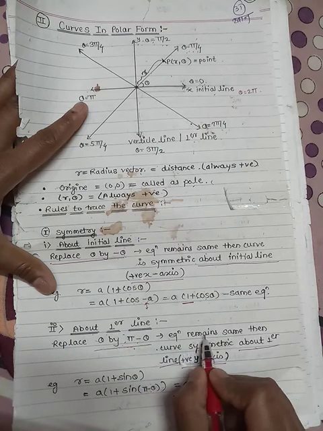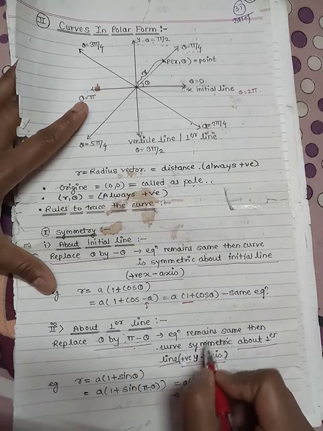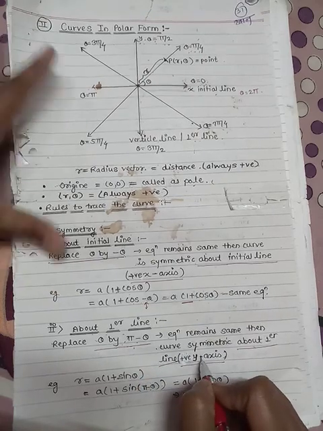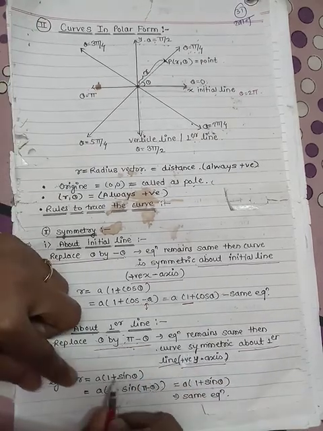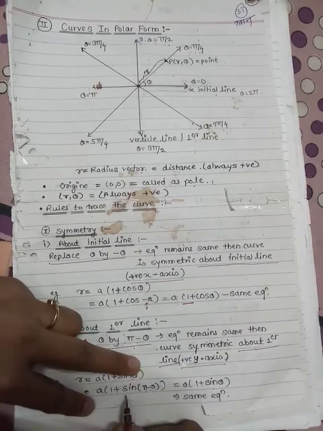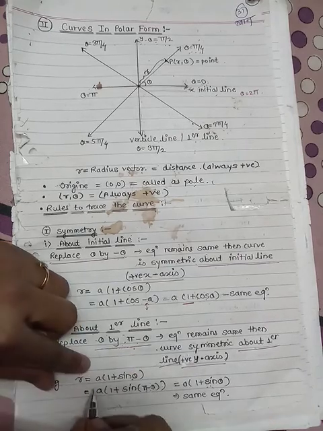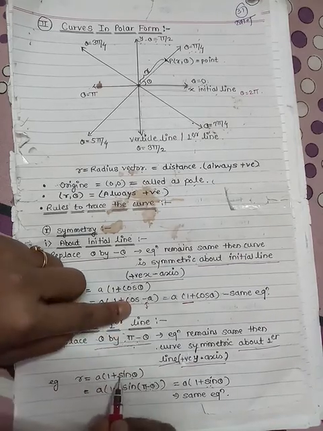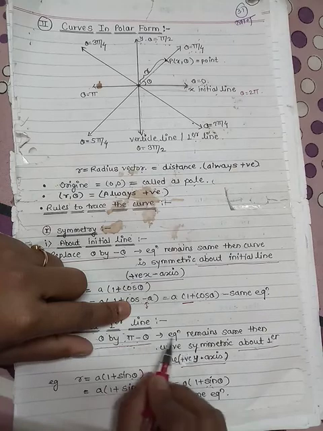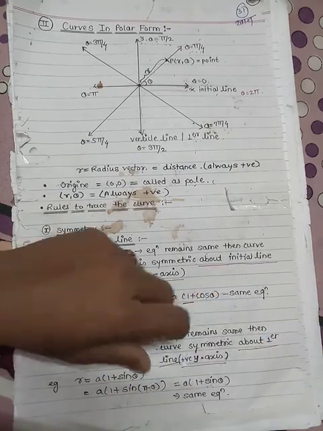By replacing theta by pi minus theta, if after simplification we get the original equation, then we can say that there is symmetry about the perpendicular line. For example, r equal to a into 1 plus sine theta. Replace theta by pi minus theta, and we have the formula sine of pi minus theta is sine theta. Hence we get the original equation, that is, this equation has the curve which is symmetric about the perpendicular line, that is the y-axis.